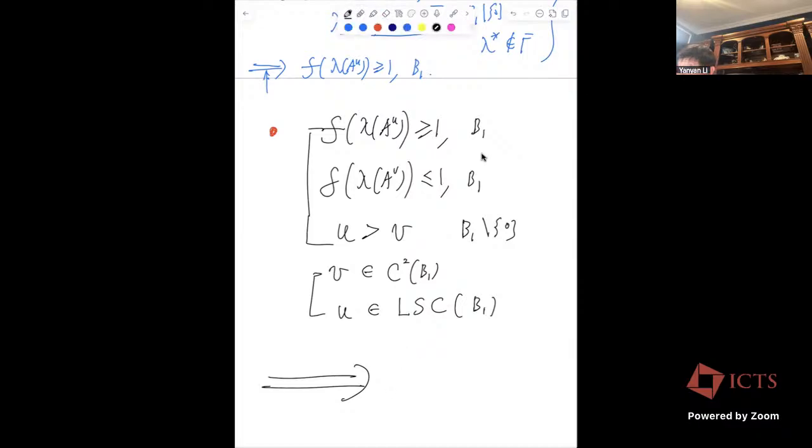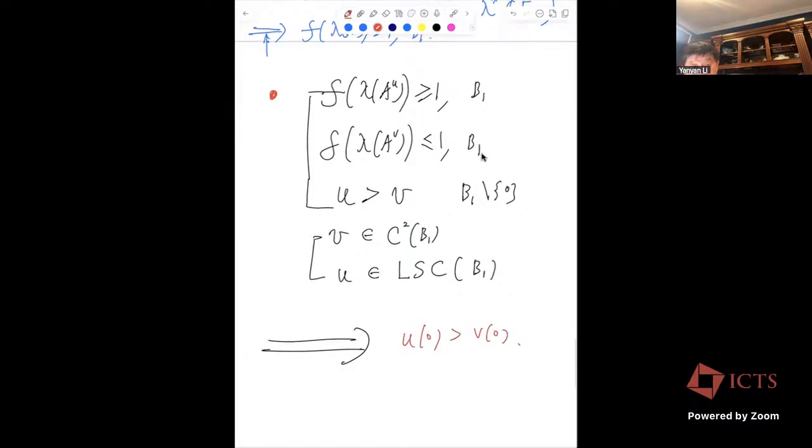So we still have U(0) is bigger than V(0). So this is the strong maximum principle. The point is one is C2, one is lower semi-continuous. You can still do that.